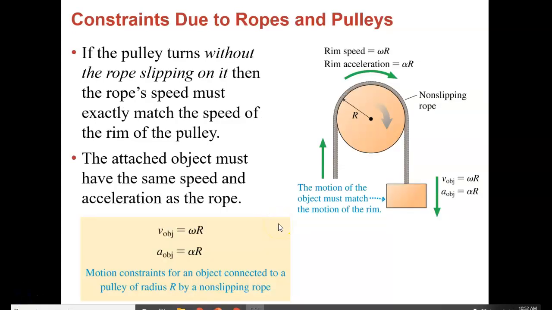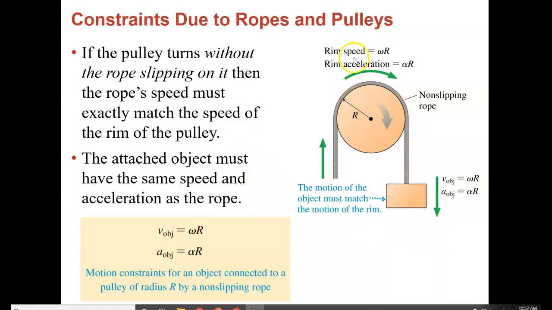A final thing that I need to show you here is a pulley, like we talked about in earlier units. If the pulley turns without the rope slipping on it, then the rope speed must exactly match the speed of the rim of the pulley, and the attached object must have the same speed and acceleration as the rope.